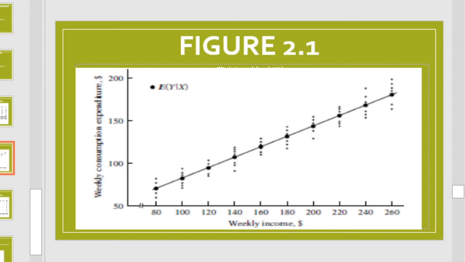Therefore, it is important to distinguish these conditional expected values from unconditional ones. Then what is the unconditional expected value of consumption expenditure, or expected value of Y? If we add the weekly consumption expenditure for all 60 families in the population and divide this number by 60, we get on average 121.